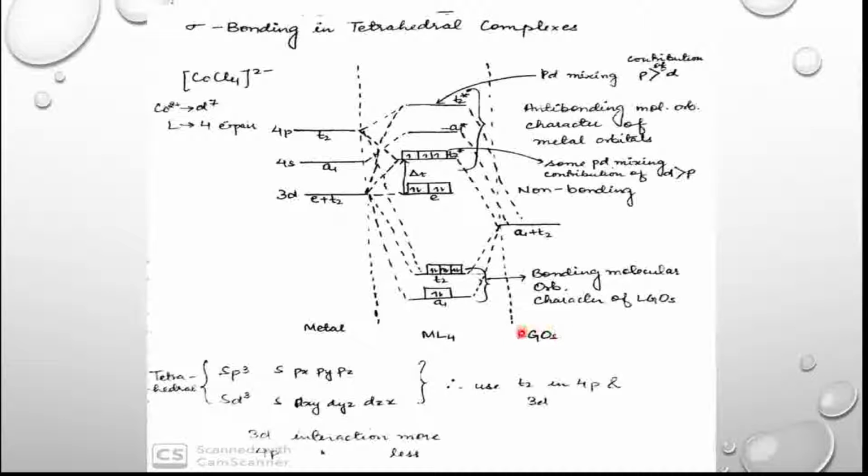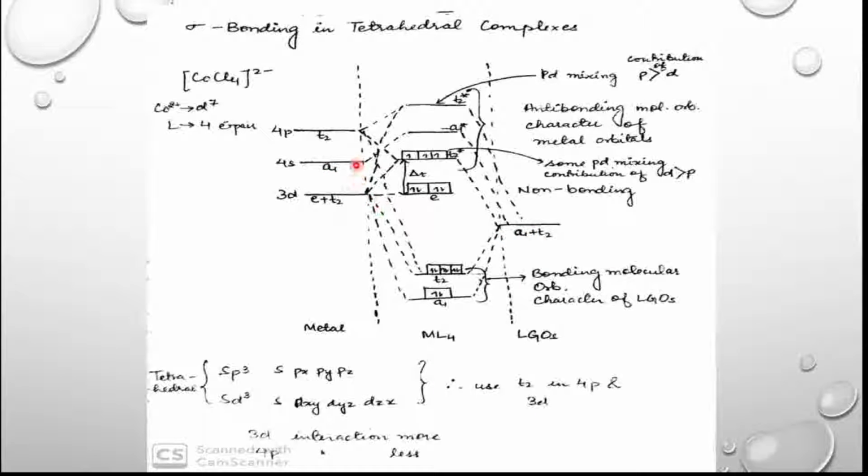So at the bottom you can see what I have written, the ligand group orbitals, and these ligand group orbitals have the symmetry A1 as well as T2. Now A1 and T2, according to their symmetry match, can overlap, resulting in the formation of bonding molecular orbitals as well as anti-bonding molecular orbitals, right? First of all, this A1, because it is cylindrically symmetrical, forms a very strong sigma bond, so it is always lower in energy, and this 4s, that is A1, can interact with this A1.